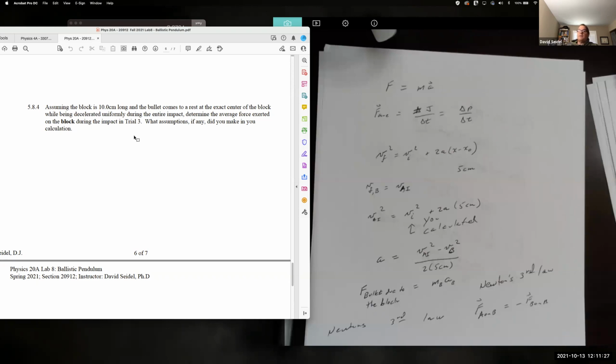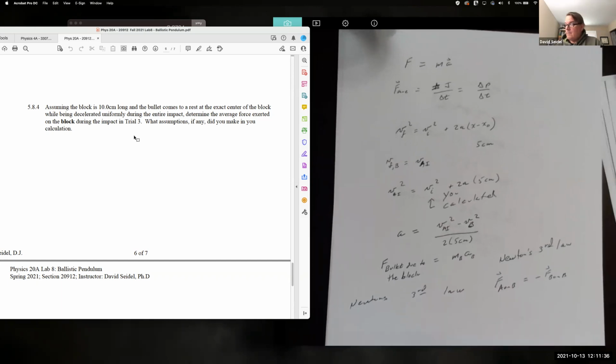If that took that amount of time, which you can do, if I have A, then F average on the bullet by the block is equal to mass of the bullet times A of the bullet, but it's going to equal delta P of the bullet over delta T. So delta T is going to equal delta P over mass of the bullet times acceleration of the bullet.